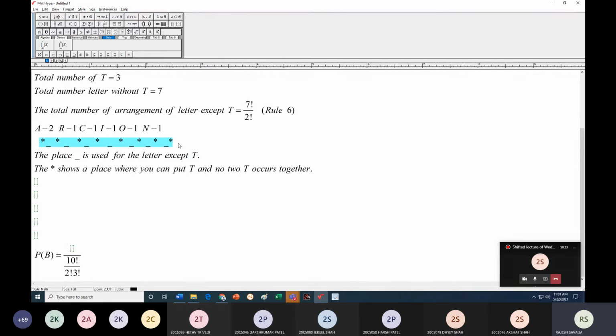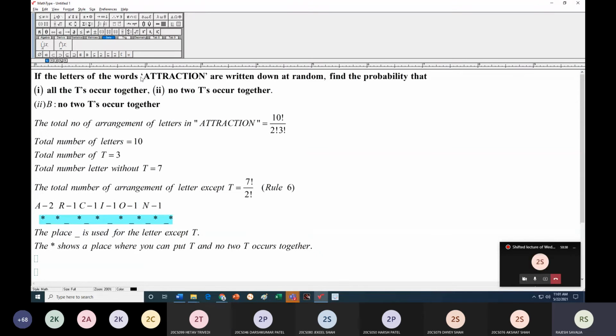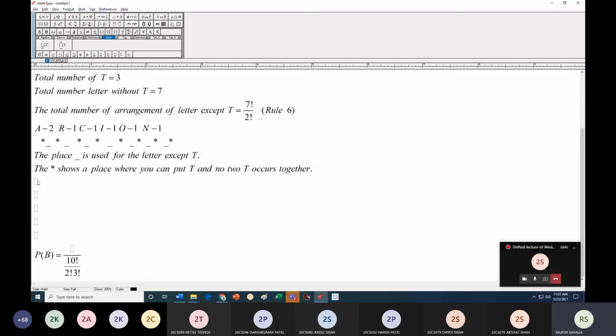Second thing, how many T's do you have in the spelling of attraction? 3. So the total number of arrangements of 8 places, 3 T's, equal to what will it be?